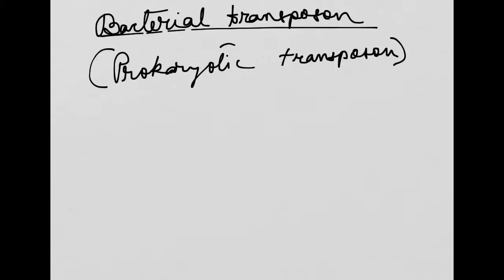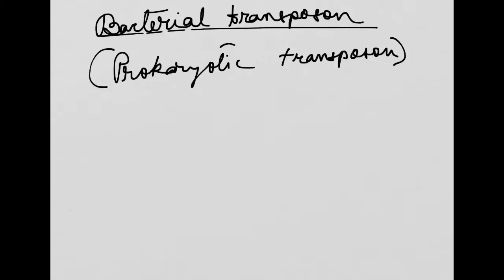I actually have 3 separate videos on transposons. The first one is your introductory video, the second one is prokaryotic transposons, and the third one we will discuss eukaryotic transposons. So in this video I have talked about the different types of transposons that are found in bacteria.